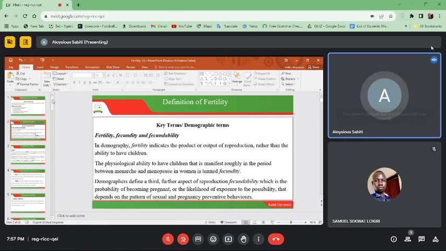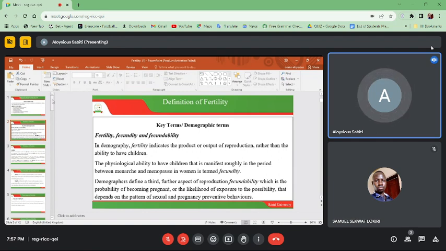Whereas in common terms, or in some of the sciences, fertility may refer to your ability, or someone's ability, to have a child. In demography, we are looking at the output of reproduction, meaning we're looking at the product itself, meaning a live birth. And that live birth in demography is what we consider as fertility.